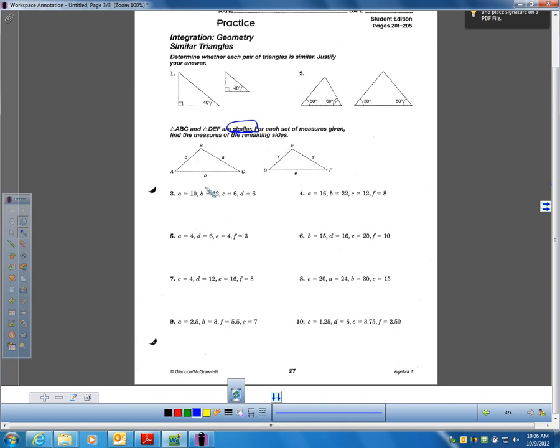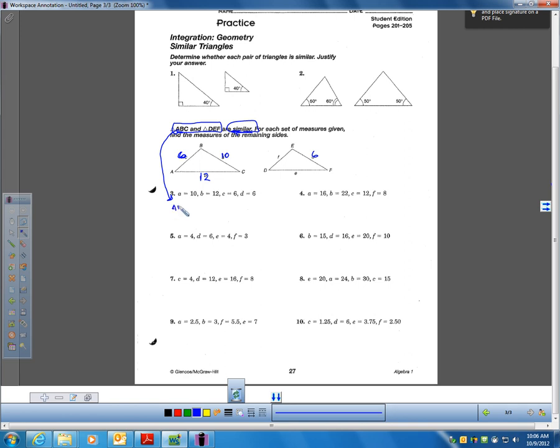So they told me on this triangle, A is a 10, B is a 12, C is a 6. And on this triangle, D is a 6. And they told me right here that ABC and DEF are similar. That's what this means. That means that side AB matches DE.